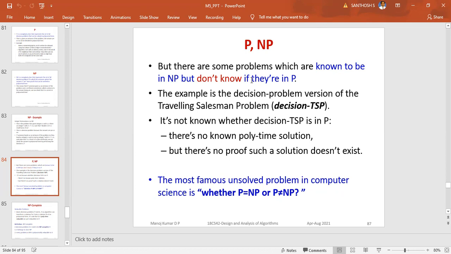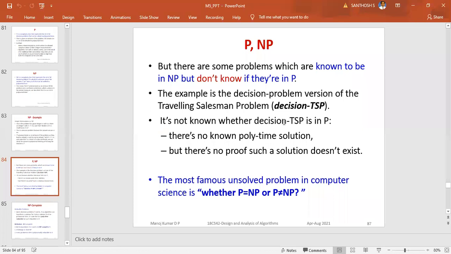So that we consider as P and NP. Now you have to check: there are some problems which are known to be in NP but not known to be in P. An example is the decision problem version of the traveling salesman problem.